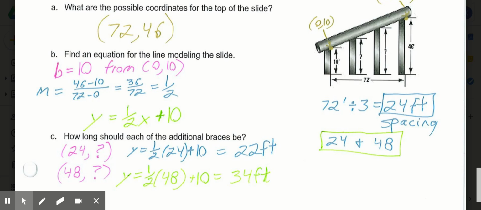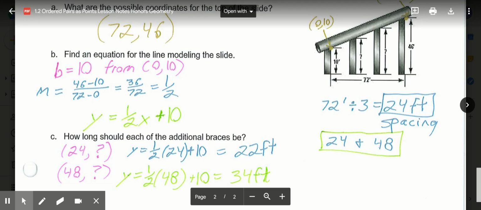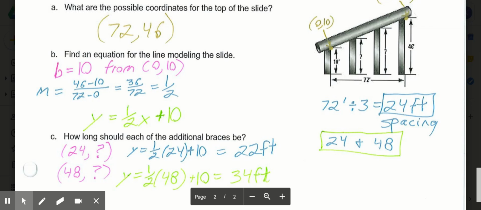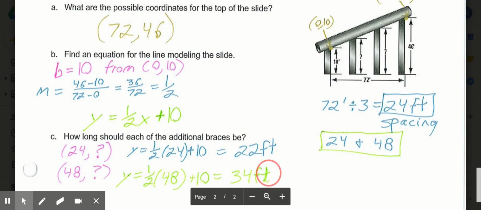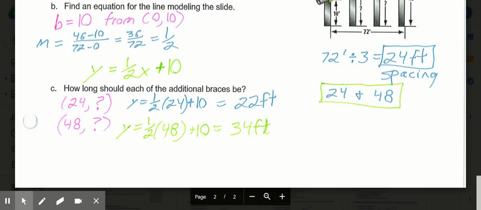Half of 24 is 12, plus 10 is 22. Then 1/2 times 48 plus 10. Half of 48 is 24, plus 10 is 34 feet. So once we knew the x-coordinates, we could plug that into our equation to get our y-coordinate for our output, which are the heights of our additional two braces.